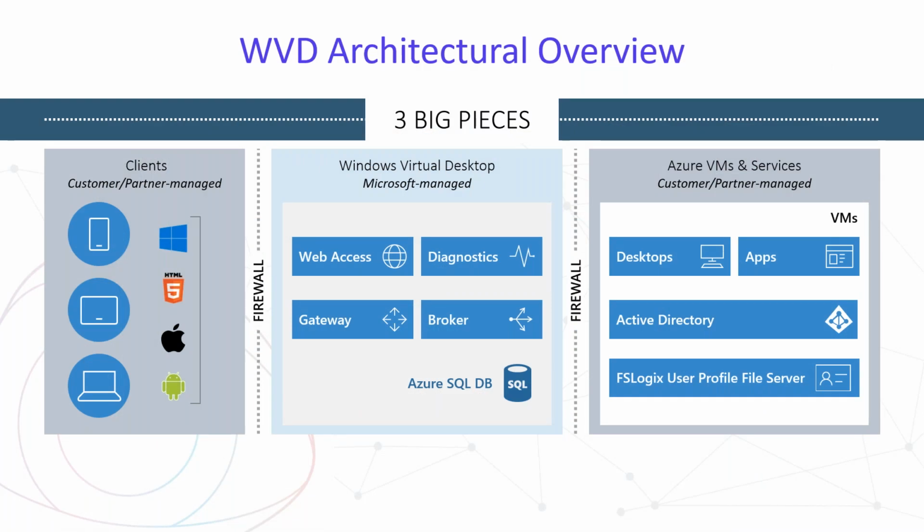In essence, you saw that I had a couple of different access methods. That's because there are three main pieces that make up the WVD environment. We quite rightly have clients. They could be ones that you fully corporately manage, so your desktops and laptops that you normally manage through normal terms. They might be connected to your domain fully, or if it's more modern-centric, attached to Azure Active Directory and managed through something like Microsoft Endpoint Manager.